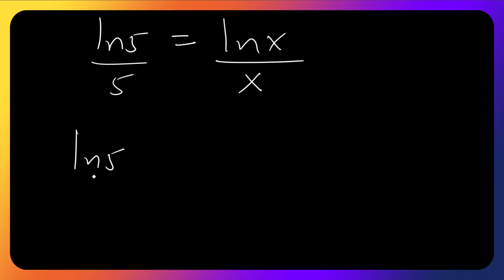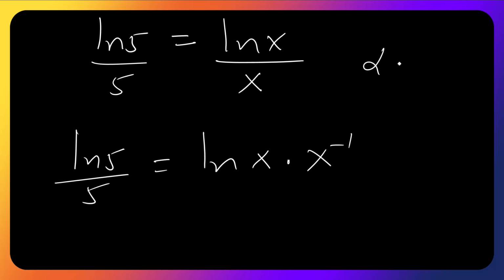We can write this side as ln of 5 over 5 equals ln of x times x to the power minus 1. Now let's bring in e, because we want to apply the Lambert W function.